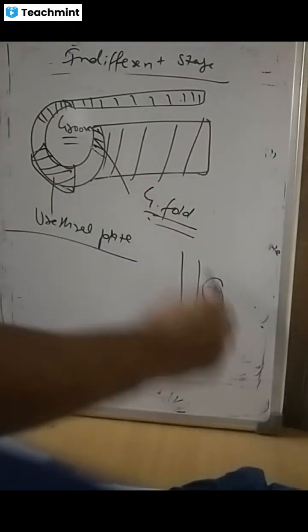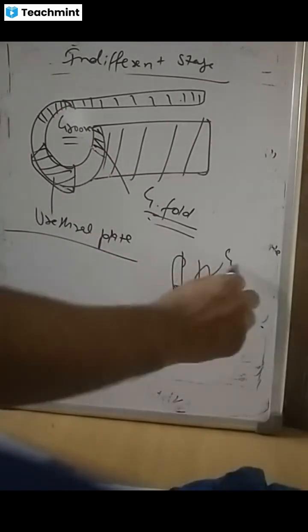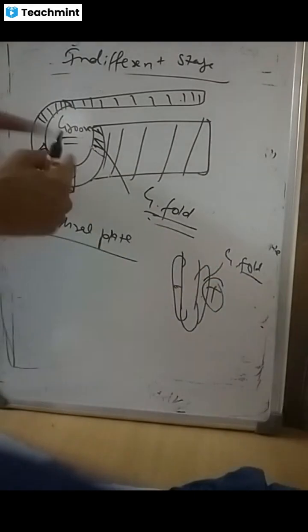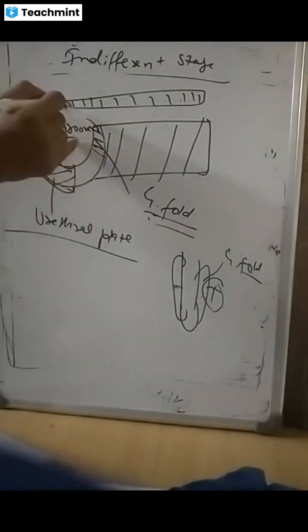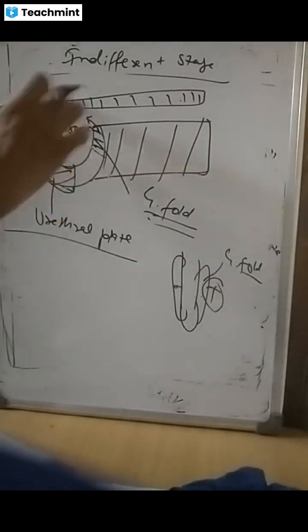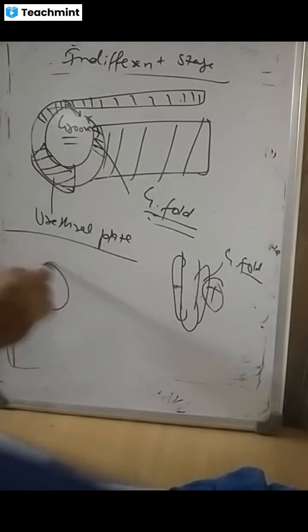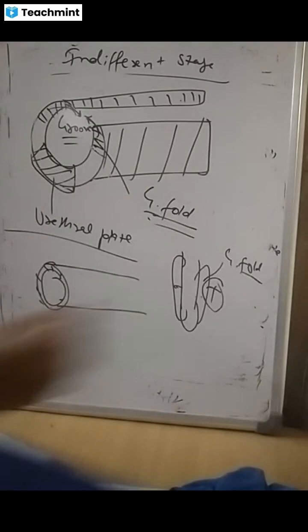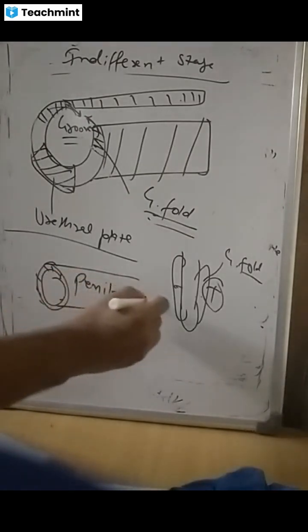The genital tubercle elongates, and on the side of it we have the genital folds. If these folds close like this and fuse, this structure will be called the penile urethra.